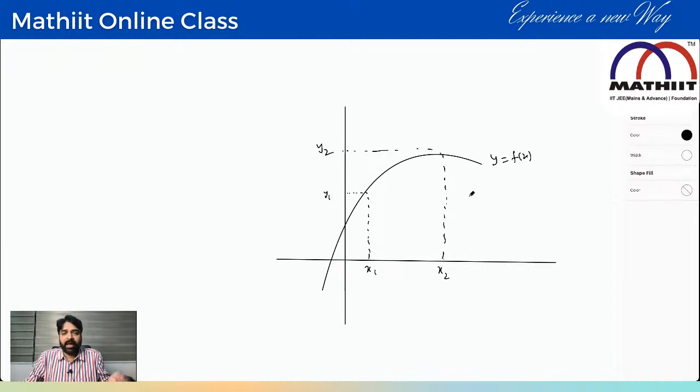This is some curve. When I put x1 here, f of x1 came, and I am calling that y1. When I substitute x2, f of x2 came, and I am calling that y2. Now, if I join these two points, think carefully.